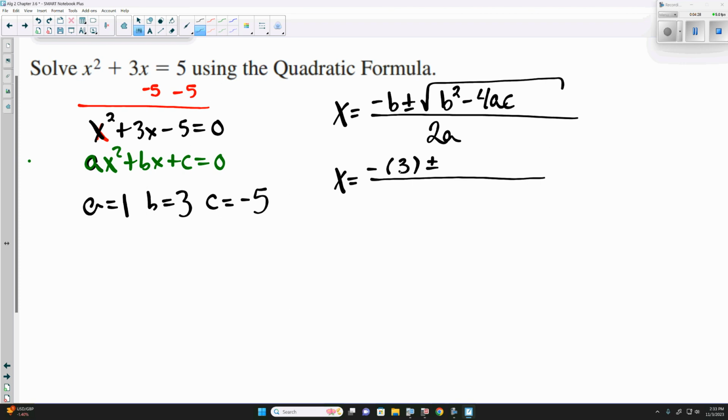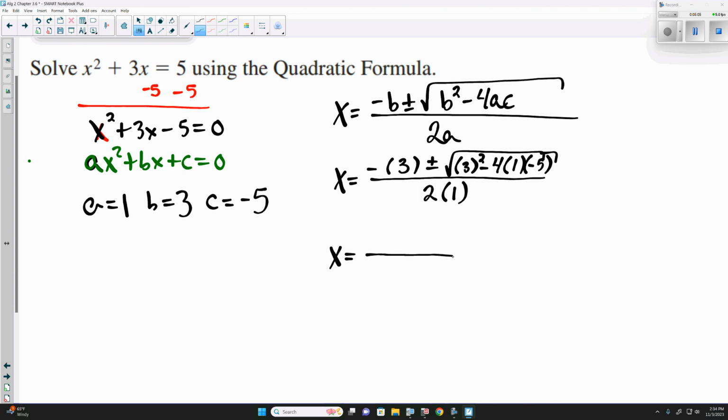So we have negative 3 plus or minus the square root of b squared, so we'd have 3 squared minus 4 times a, well a is 1, c is negative 5, all over 2 times a, which would be 2 times 1. So what we've done so far is plugged in a, b, and c. Questions on this here?